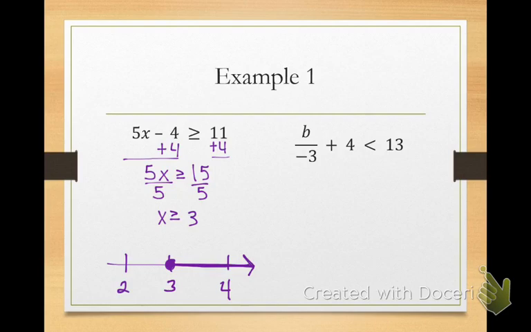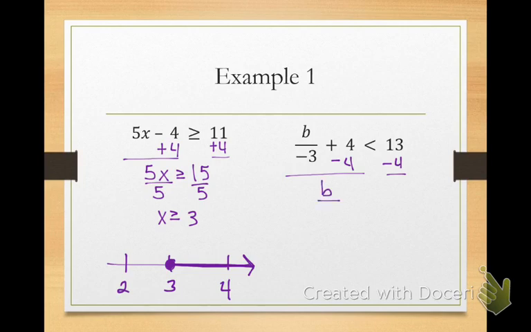Okay, let's look at the second one. I see division connecting my variable to my value. But before I do the division, I need to cancel my 4 to the other side. How do I do that, guys? Very good. I need to subtract 4 from both sides and bring down what's left.